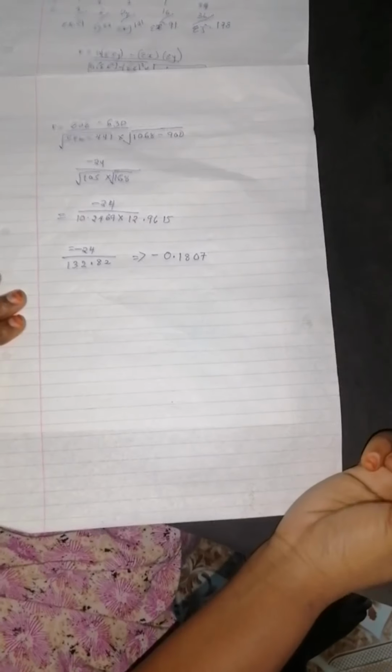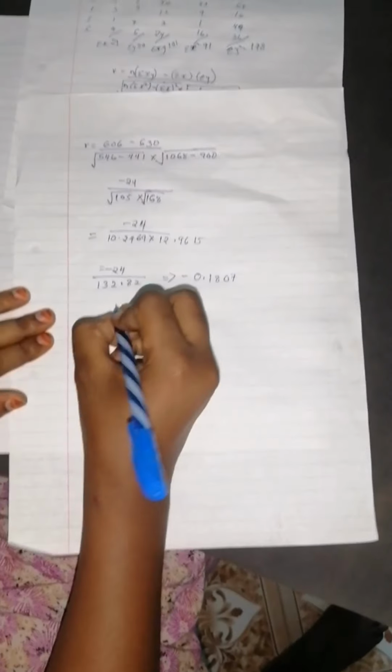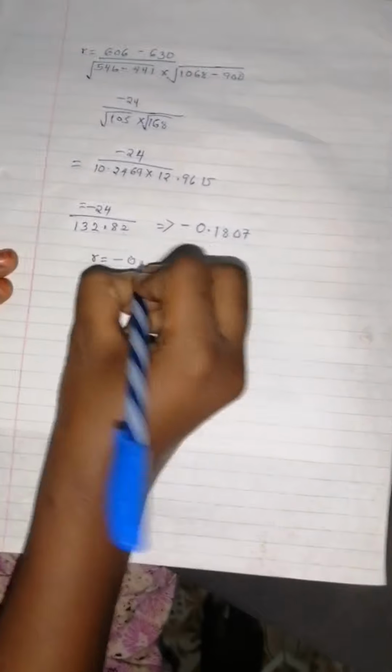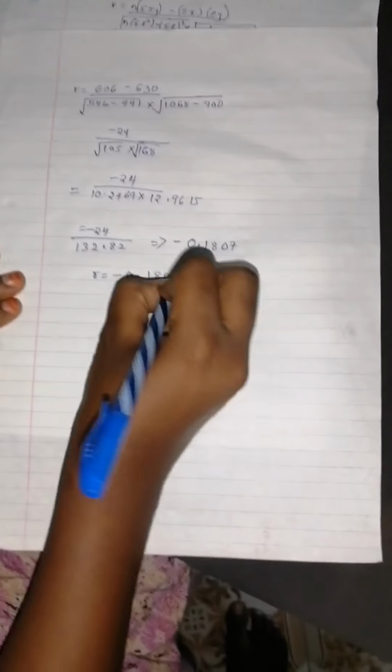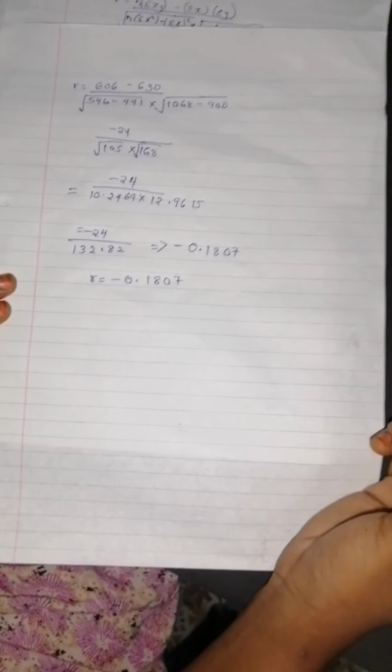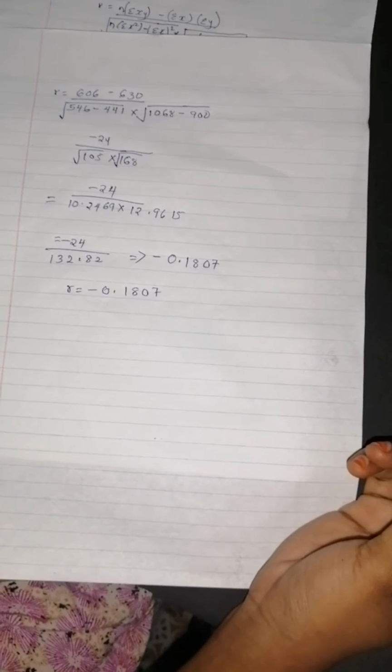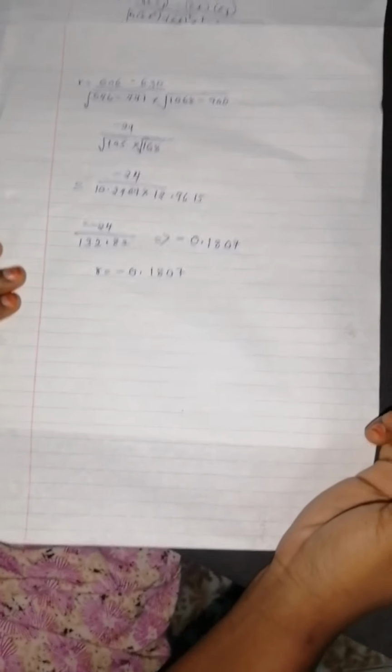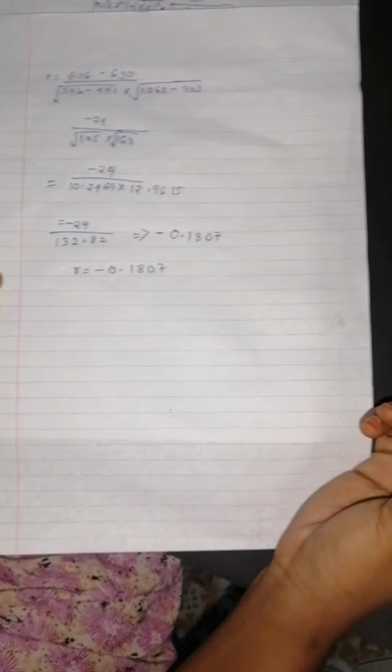This indicates that the correlation coefficient, the r, is equal to negative 0.1807, which indicates a negative correlation coefficient.